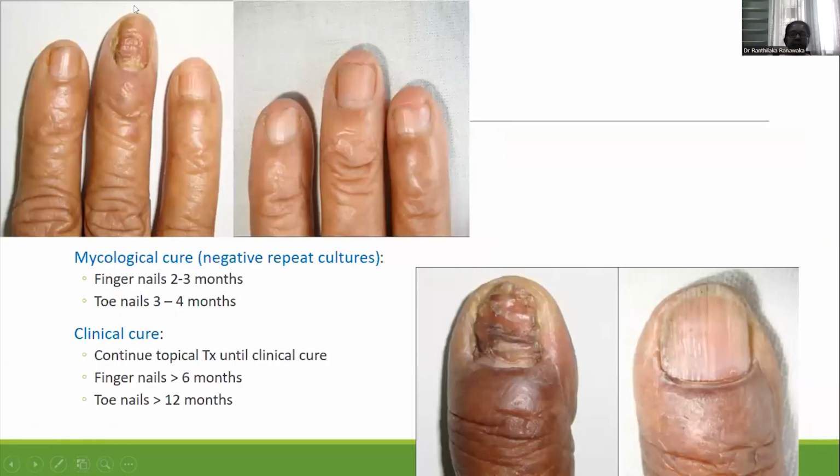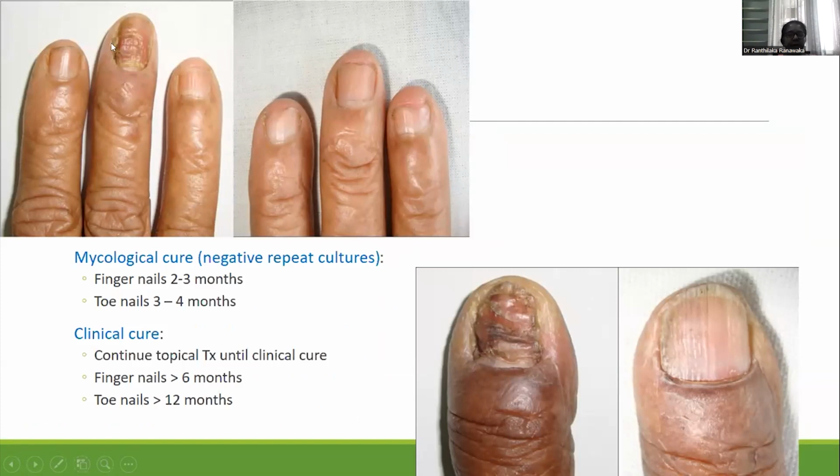So, this is a single nail affected, but this is after cure. This is a single nail involvement. This is after cure, right? So there are 2 types of cure: mycological cure and clinical cure. Mycological cure is negative repeat cultures.